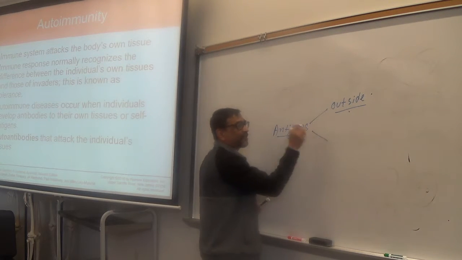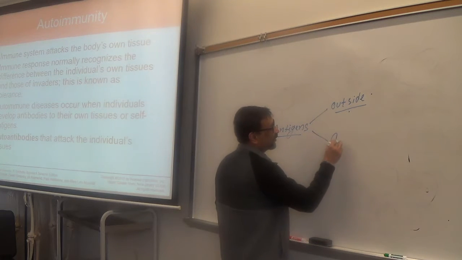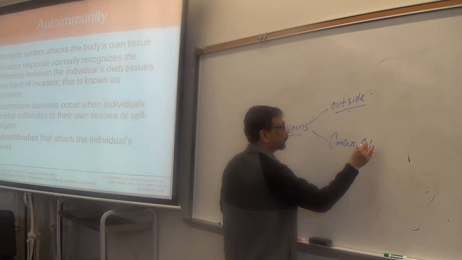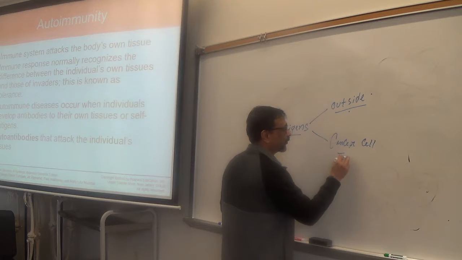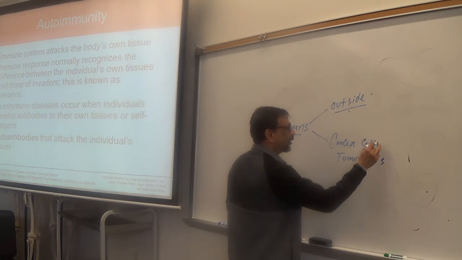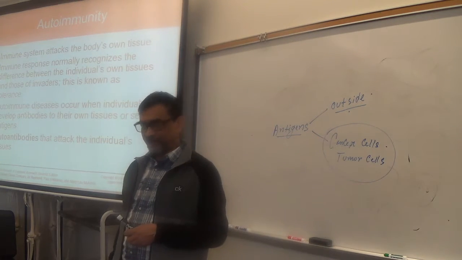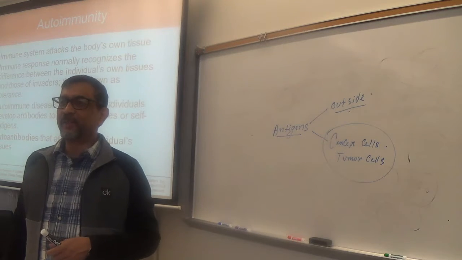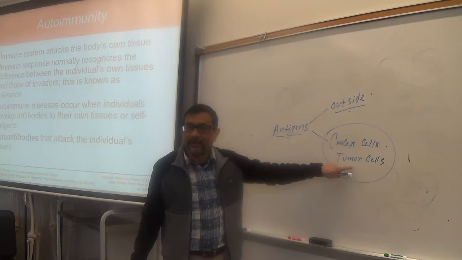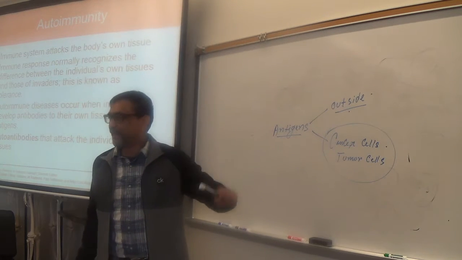Now antigens could be produced inside the body, for example, cancer cells or tumor cells. We know that these cells are not good, right? So your immune system will try to destroy, get rid of these cells. So these are also antigens.